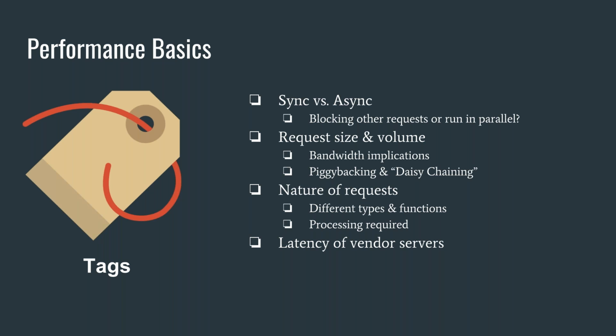There can be a lot more processing necessary for different types of tags, more CPU that is required from the user's machine, which again is going to be pulling down resources and slowing down the performance of the page, as well as delaying and slowing down the execution, the effectiveness of some of the other tags and pixels on the website.